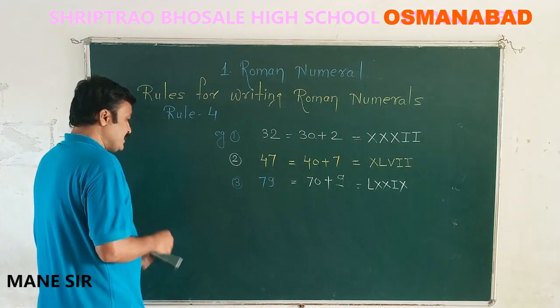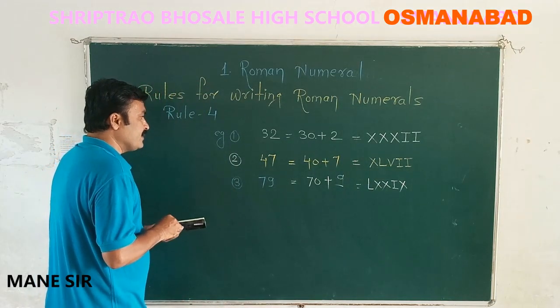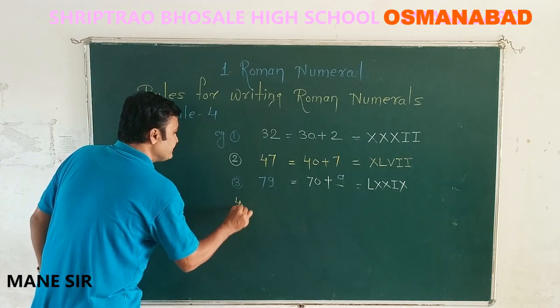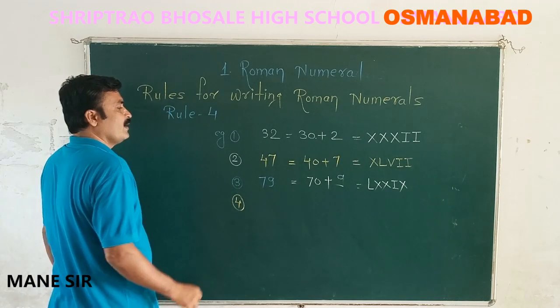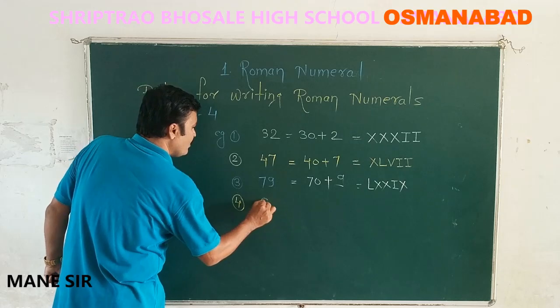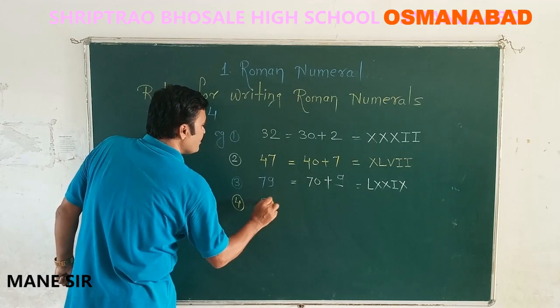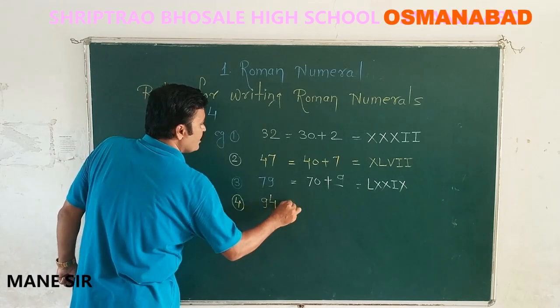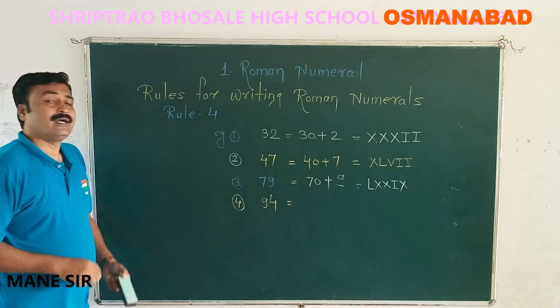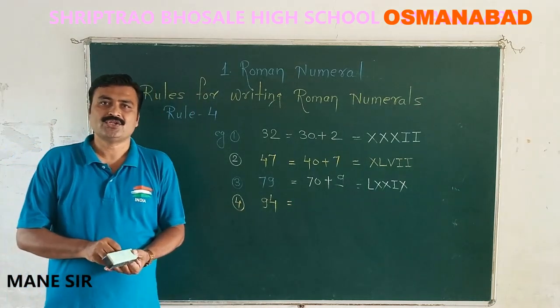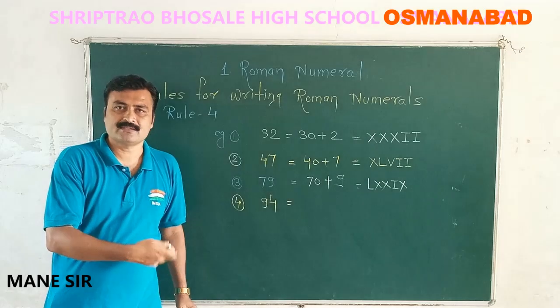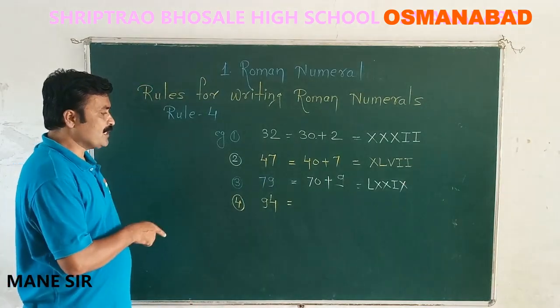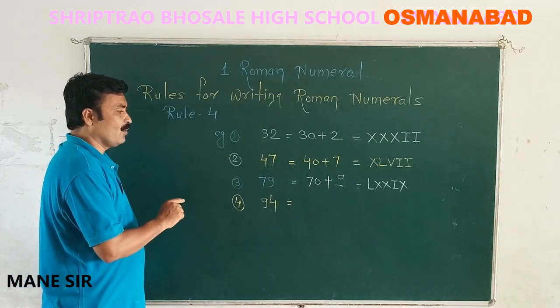Now we take another example, that should be number 4 here. This is the example of 94. We want to write international number 94 into Roman sign. First, we write the expanded form of this number.